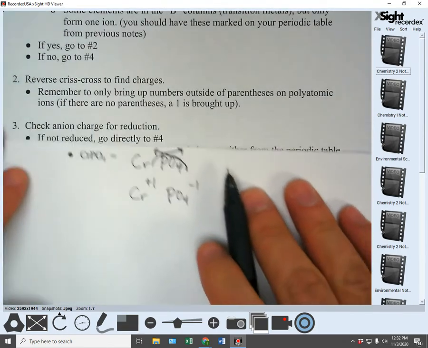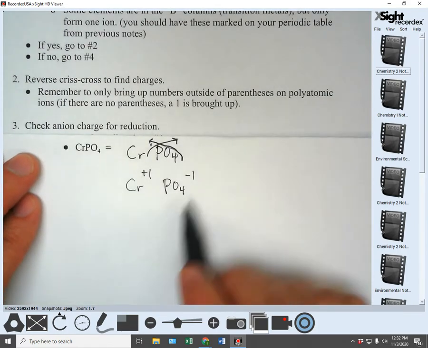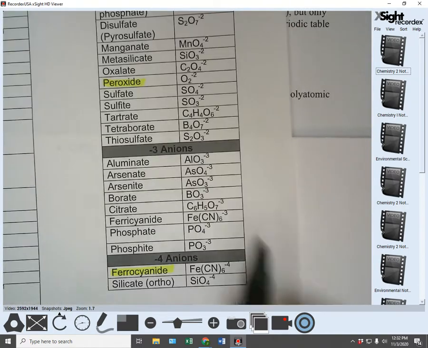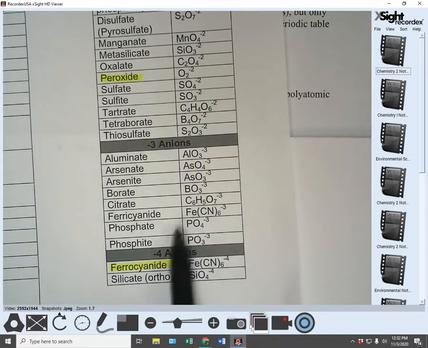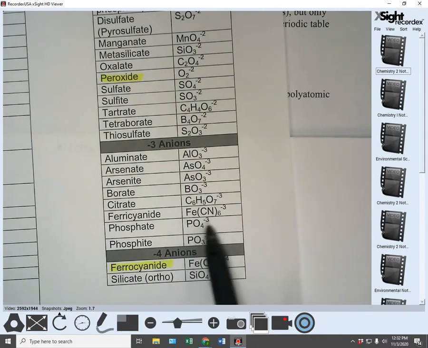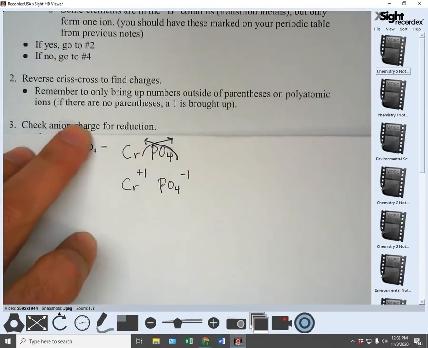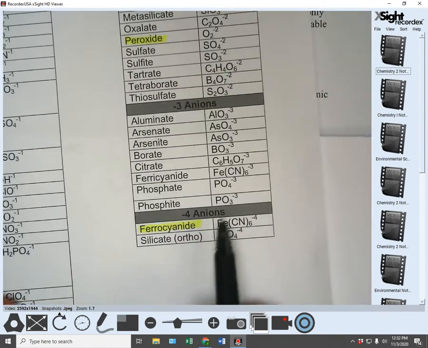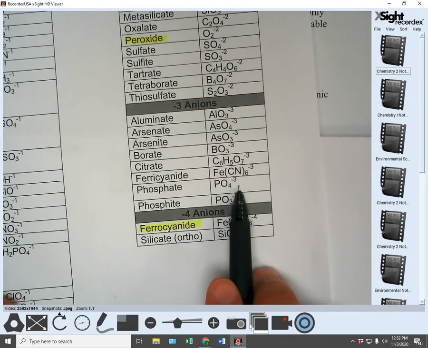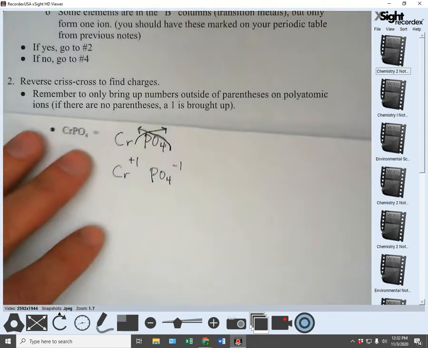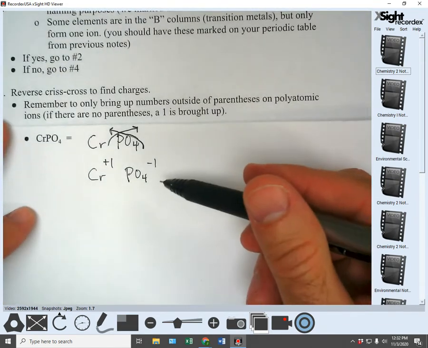Next, check the anion for reduction. So we're going to find PO4 on our polyatomic ion sheet. Okay, PO4 is down here. PO4, negative 3, is phosphate. Okay, oh, sorry. We're checking it for reduction. So PO4 should be a negative 3. Our PO4 is a negative 1.